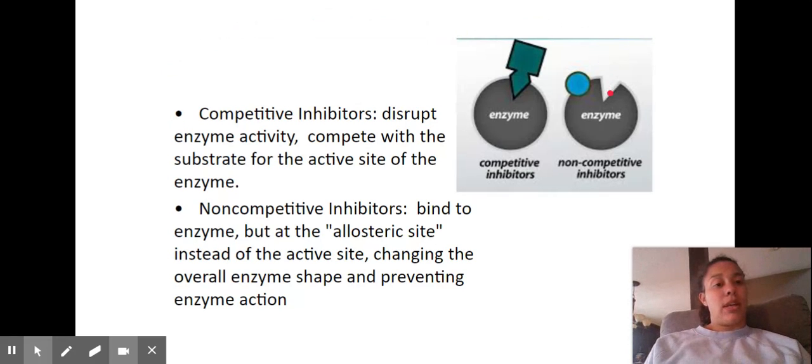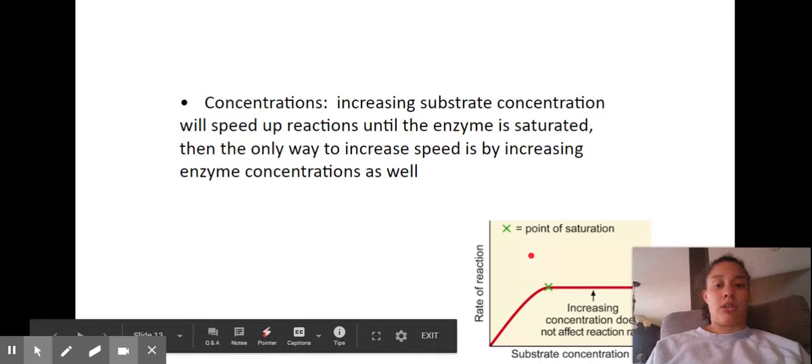Substrates are still trying to get in the active site. The non-competitive inhibitor is trying to get to the allosteric site nearby. And once that non-competitive inhibitor binds here, it's going to change the shape and almost denature the enzyme so that, again, our substrates cannot attach, preventing that enzyme action.